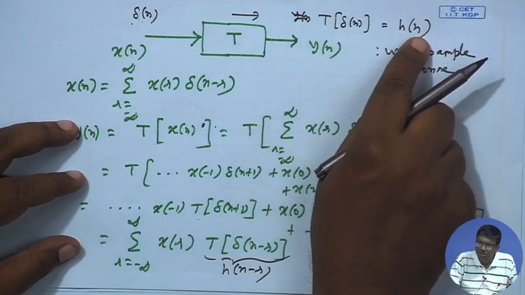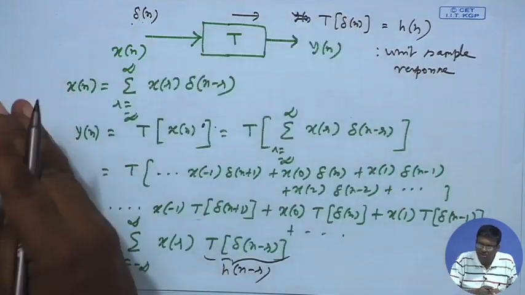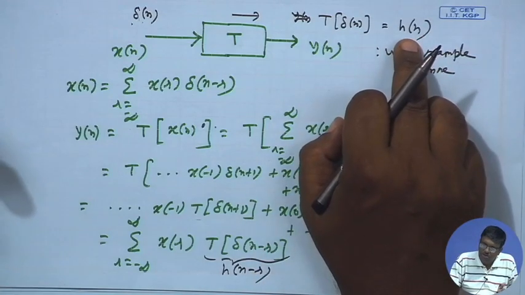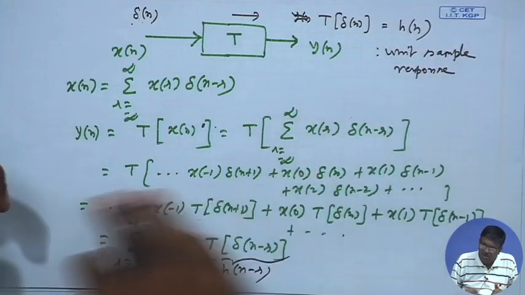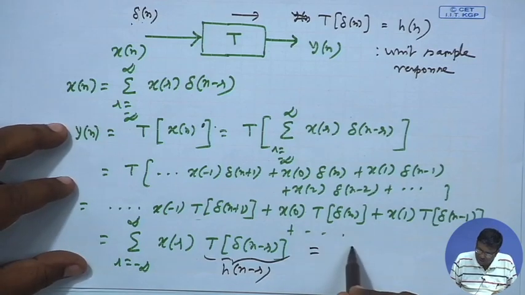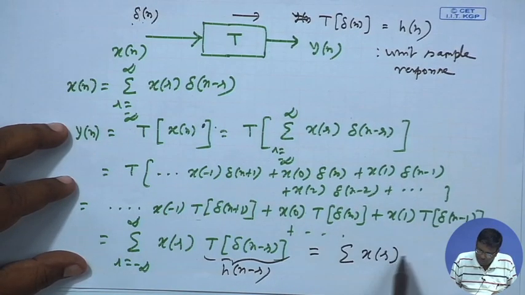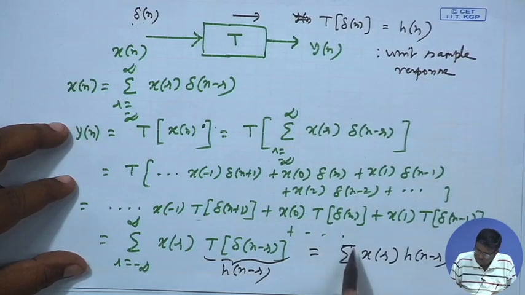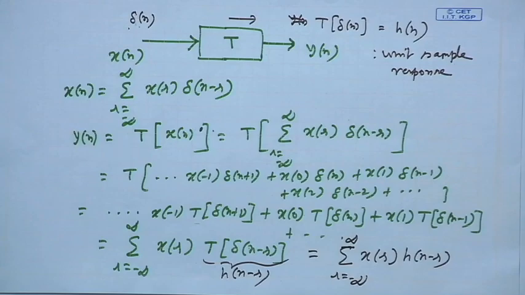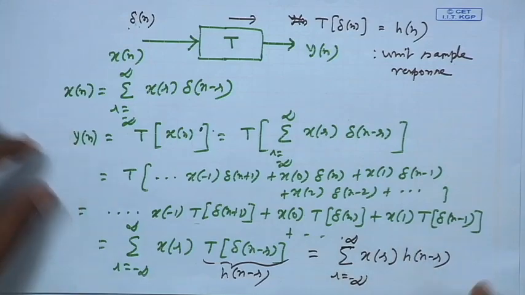If the sequence is shifted by r, the new output will be a shifted version of the original h n, and the amount of shift will be the same r, because it is shift invariant. So then we get this result. This is a famous thing, it is called convolution between x and h.